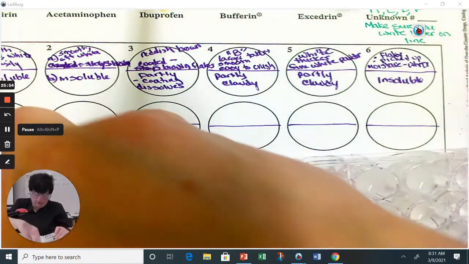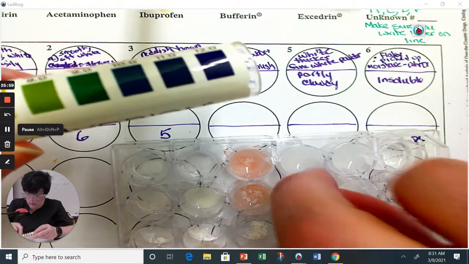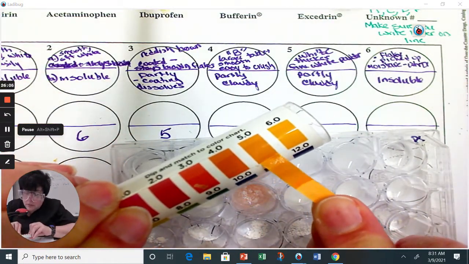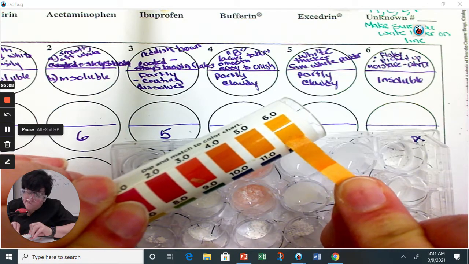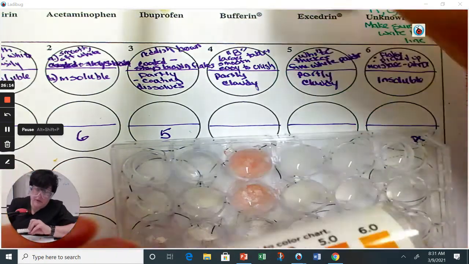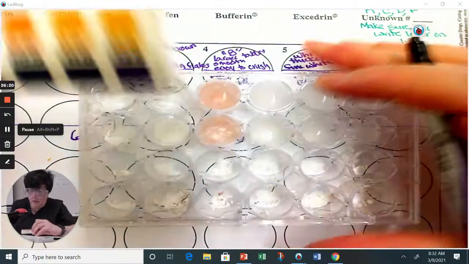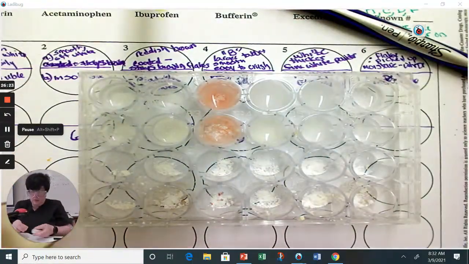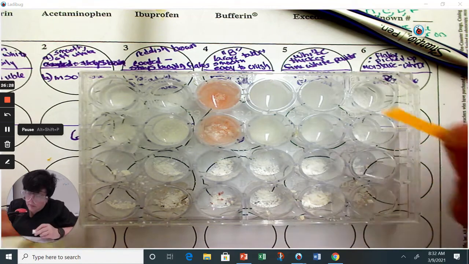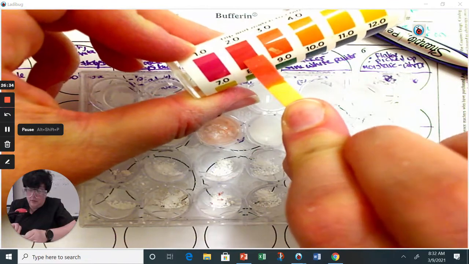Let's look at the bufferin. It's supposed to buffer, so it should be closer to neutral. I'm going to use 6 on that. Excedrin. Ooh, that's really acidic. 2.